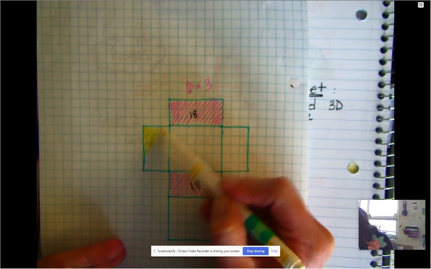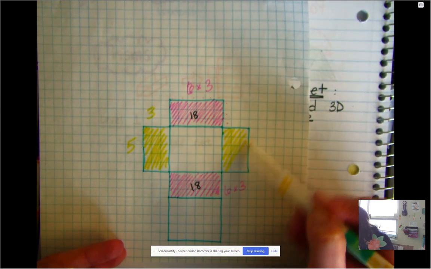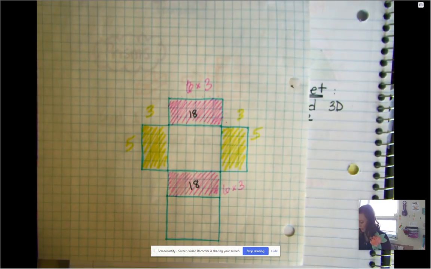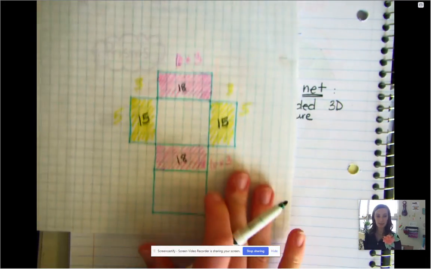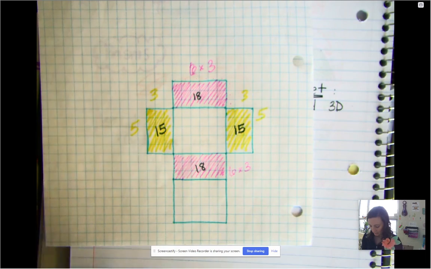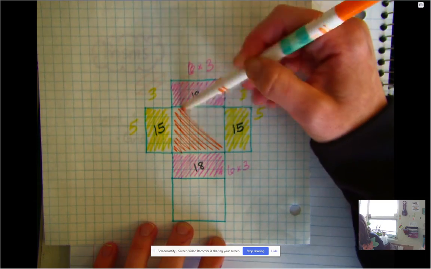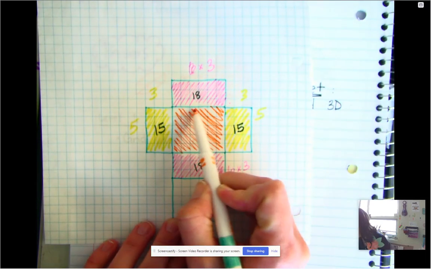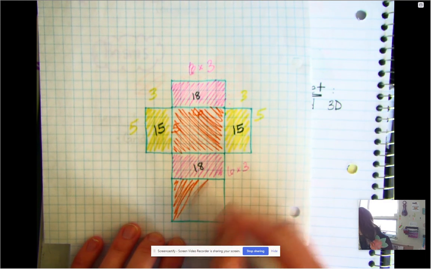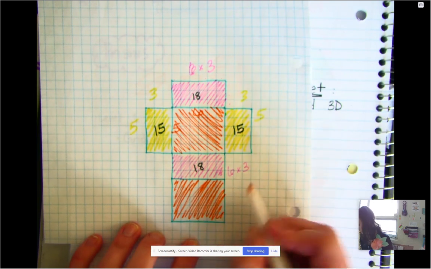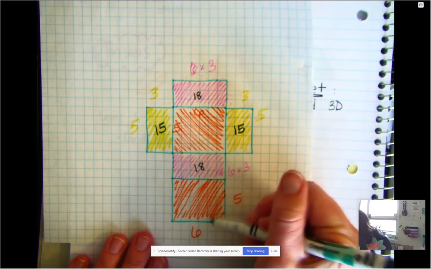Over here, I have similar, but these are 3 by 5. 3 times 5 is, of course, 5, 10, 15. So both of these have an area of 15. And lastly, I have these bigger areas, which I know are 6 by 5. And this one is also 6 by 5. 6 times 5: 5, 10, 15, 20, 25, 30.